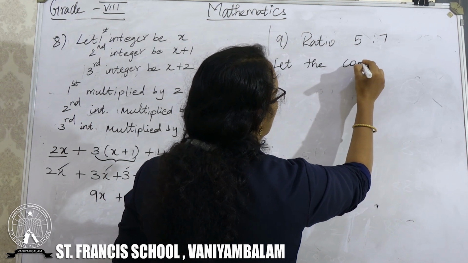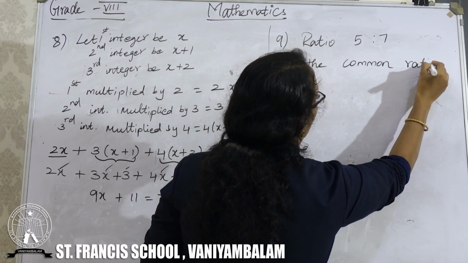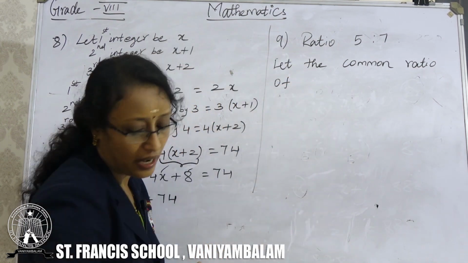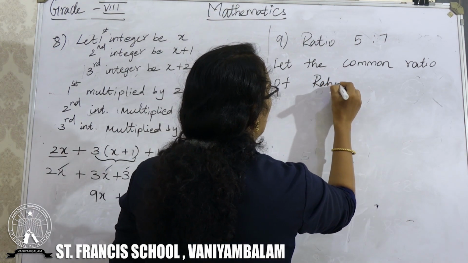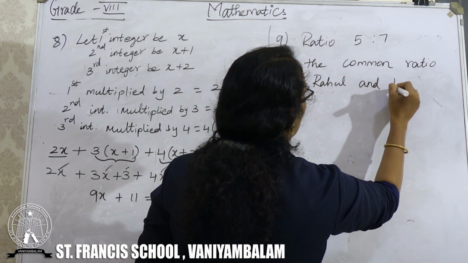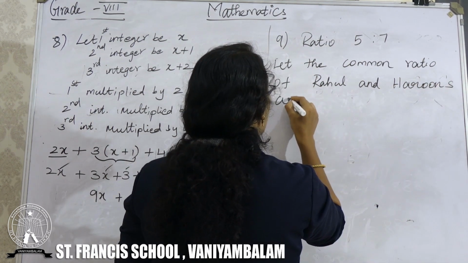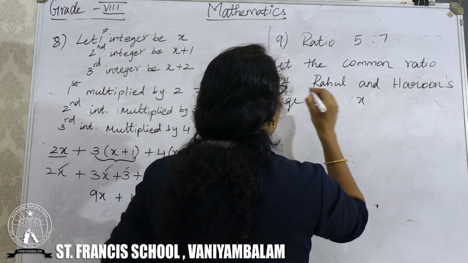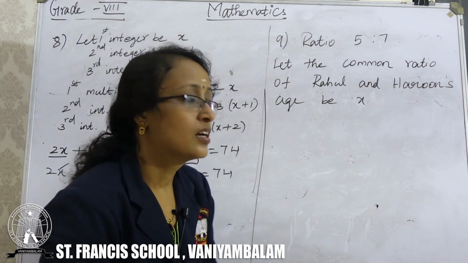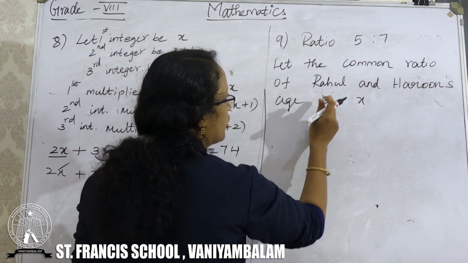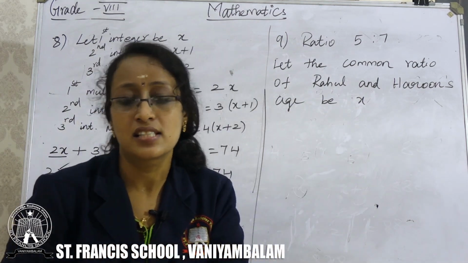So let the common ratio of Rahul and Harun's age be x. That means the ages are 5 times and 7 times.